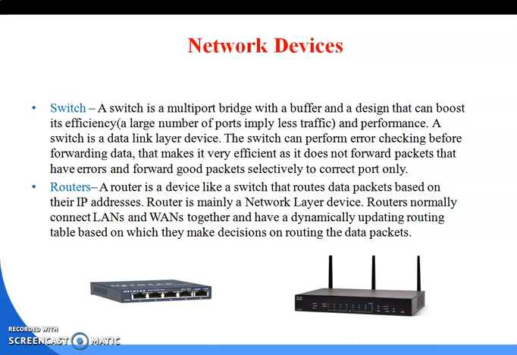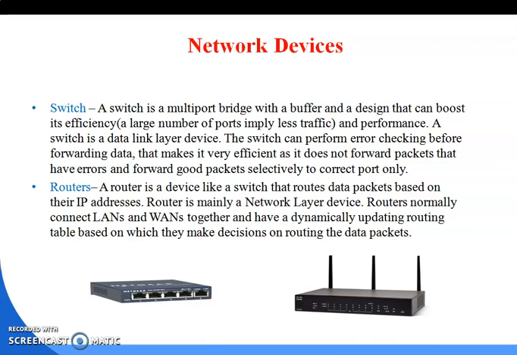A router is a device like a switch that routes your data packets based on their IP addresses. A router is mainly a network layer device. Routers normally connect LAN and WAN together and have a dynamically updating routing table based on which they make decisions on routing the data packets.